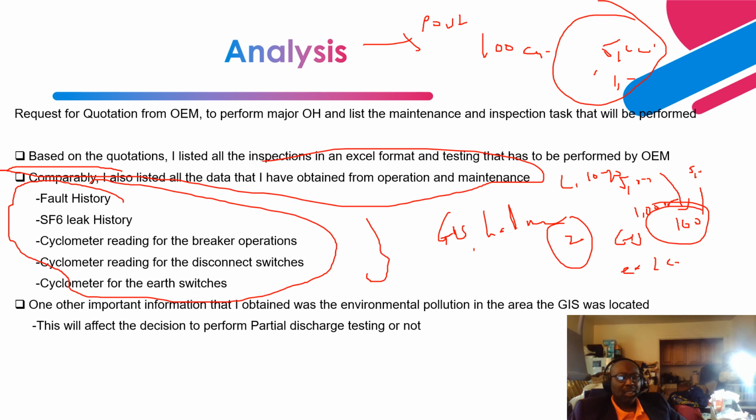Then one of the big things that is a worry for GIS is PD activity, right? And PD activity comes from the SF6 installation. So that is one of the things that I have to worry about. So what I did was take a deep dive into the SF6 leak history.